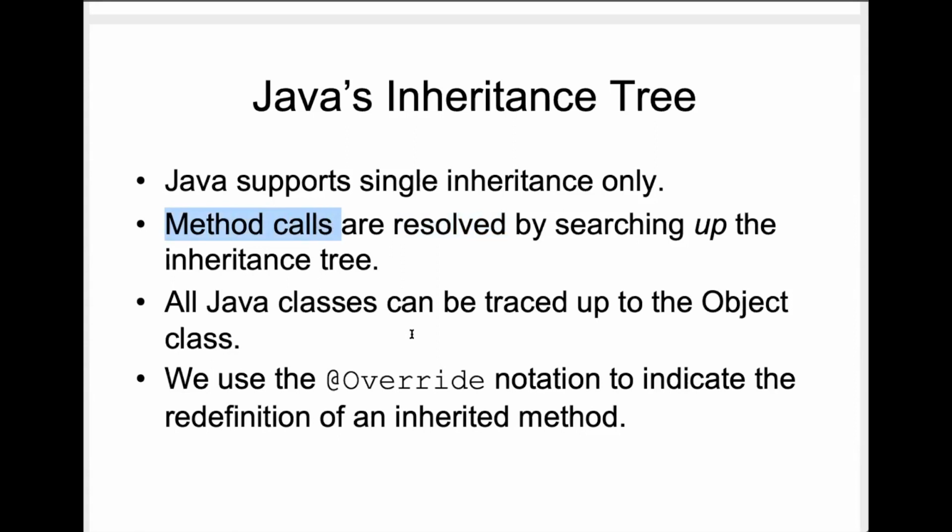So all the Java classes can be traced up to the Object class. Like I said before, java.lang.Object is the source of truth for all of the objects created in Java. And then you also saw this notion, @Override. This notion is responsible for overriding the behavior of any of the methods from the parent. In this case, it could be the Object, it could be the Date.